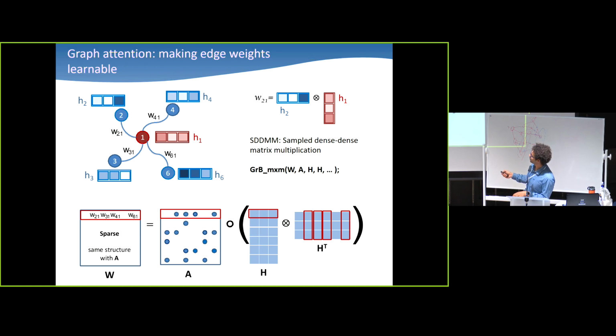And I don't want to compute inner products between all the nodes because I only care about those that have an edge between them, because those are the only weights I can update. So from the perspective of vertex 1, I want to figure out how much weight I should give to all my neighbors. And the way I do it is inner products of my features to my neighbor's features.